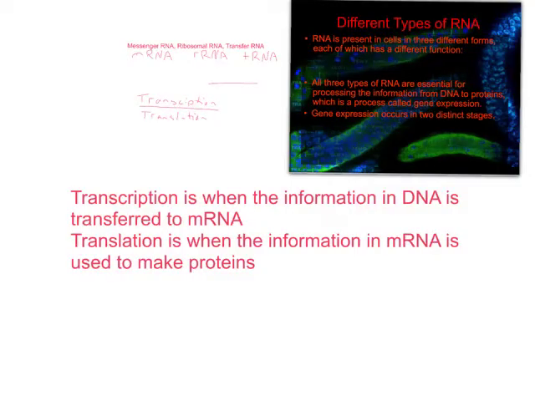So the last two lines: transcription is when the information in DNA is transferred to mRNA, and translation is when the information in mRNA is used to make proteins. Okay? We call this the genetic code.